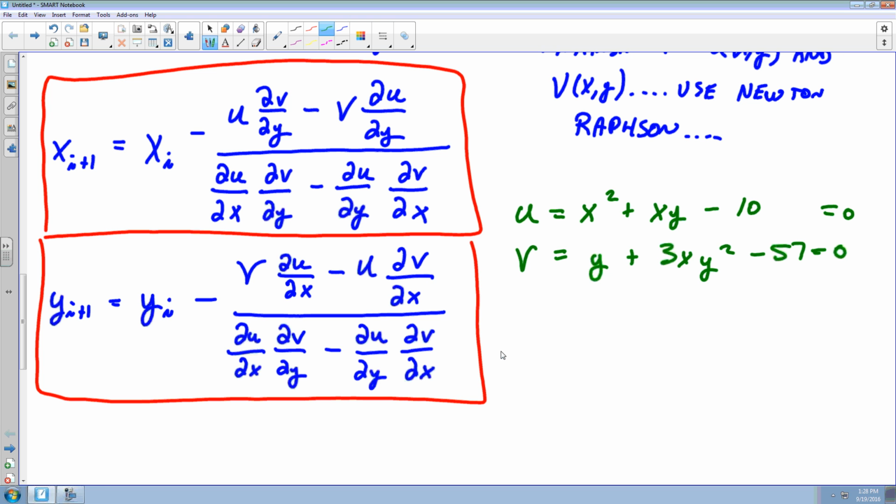And what we're going to do is guess. We're going to start with a guess of what x and y will make this work. We don't know. We're just going to guess an initial x of 1 and an initial y of 2. You have to guess.